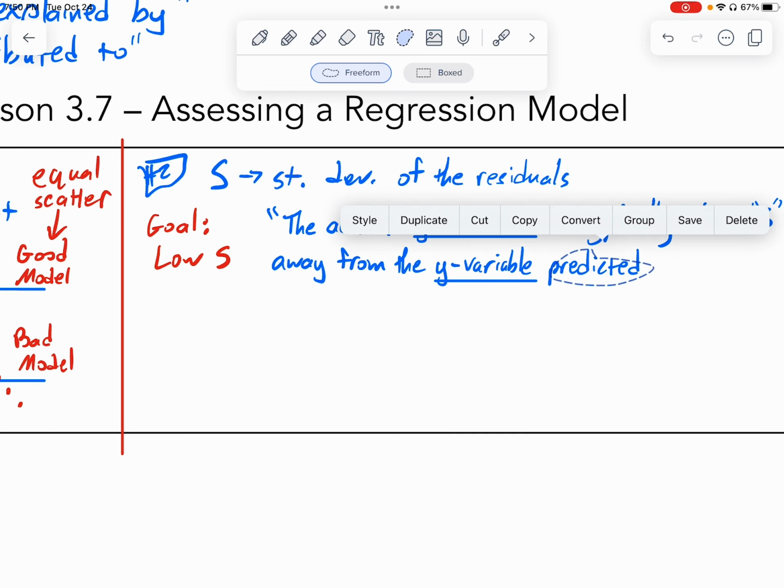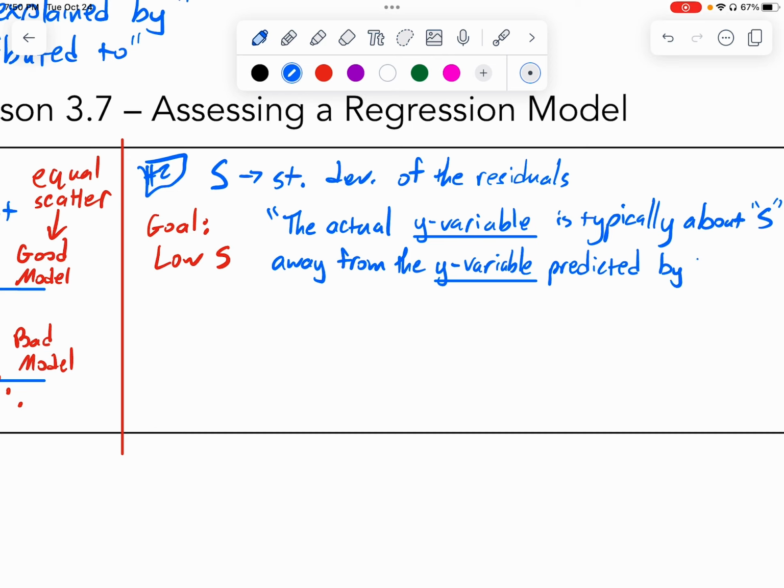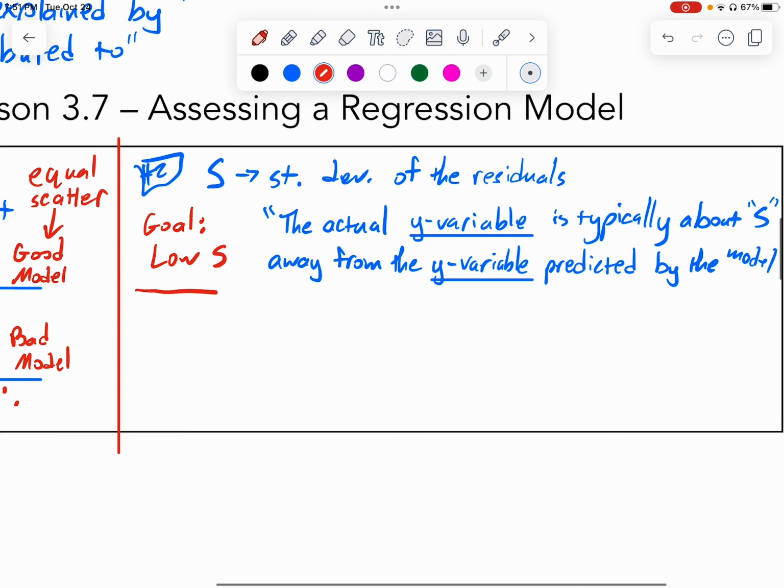From the Y variable predicted by the model. In other words, the model is predicting what we think it will be, and then in reality, the actual numbers are very close if S is small. If S is large, then on average, our actual numbers are varying a lot from our predicted values, and that's not good. So you want S to be small. A small S is a sign of a good regression model.